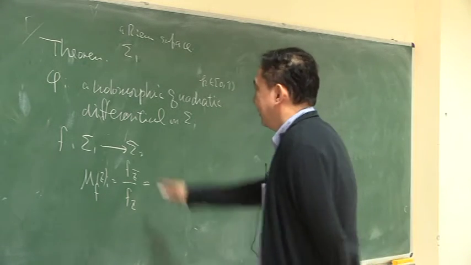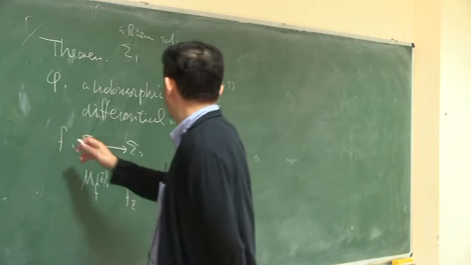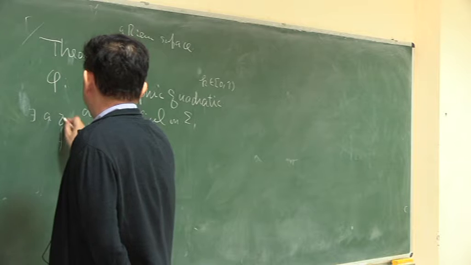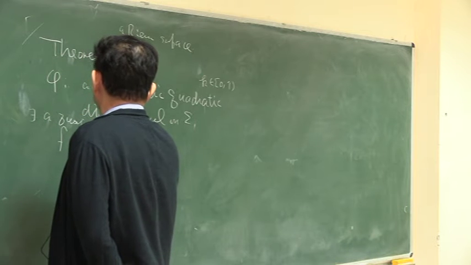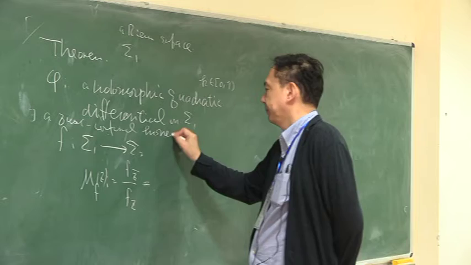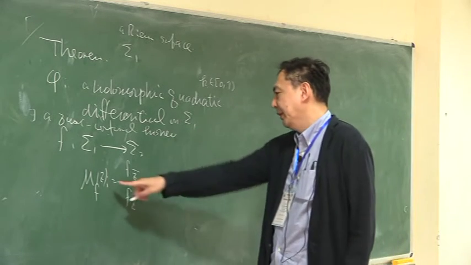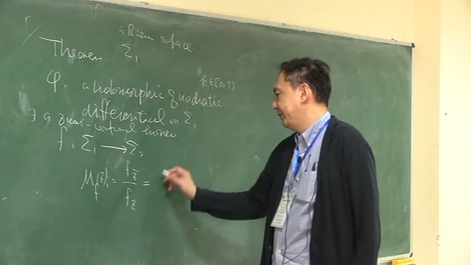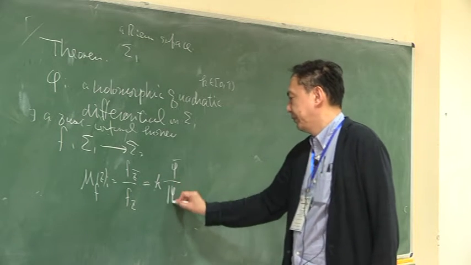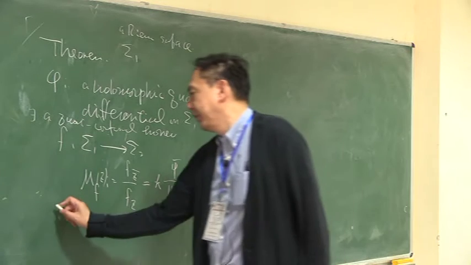Then there is a quasi-conformal homeomorphism from sigma 1 to sigma 2, such that this is k times this one.